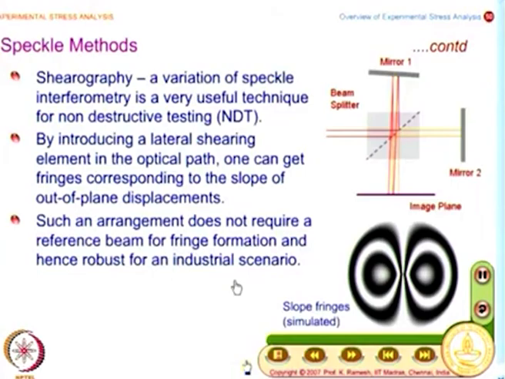So, we have so far seen quite a few techniques, what is the physical principle and what is the essential difference between them. Now, we move on to another experimental technique, which is again a whole field technique, known as thermoelastic stress analysis.